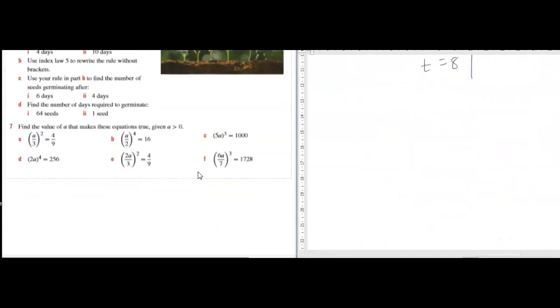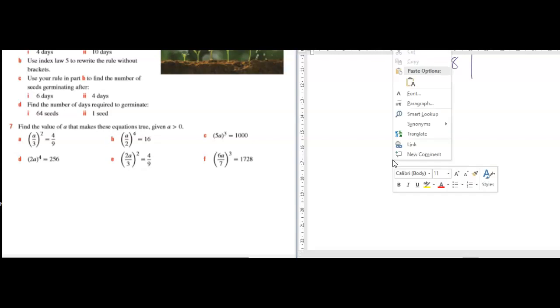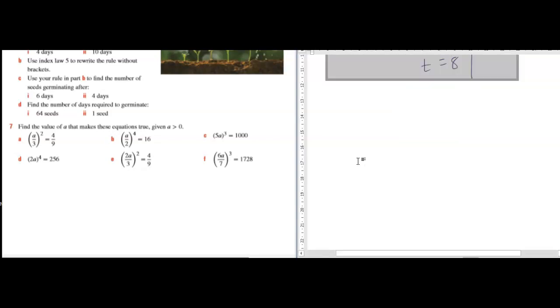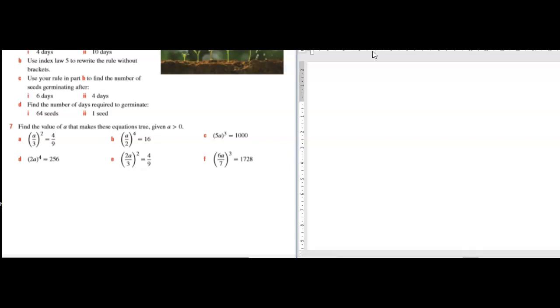All right, question 7, find the value of a that makes these equations true. So a has to be greater than 0. Okay, so let's look at the first one. Equals 4 over 9. Okay, so let's do this squaring first.